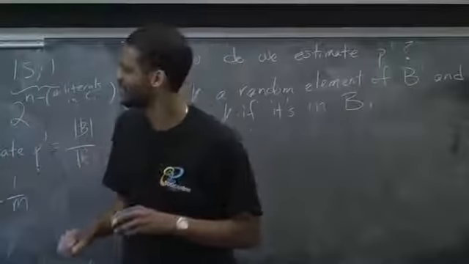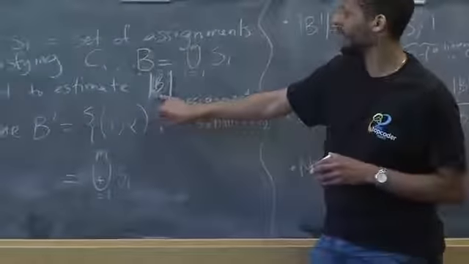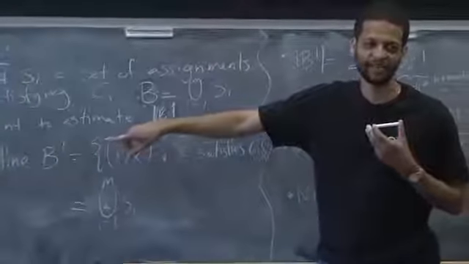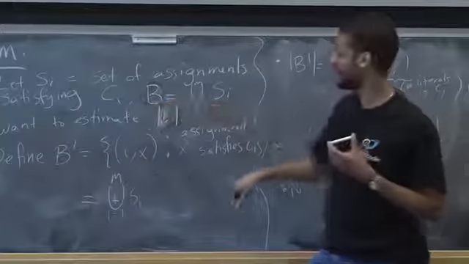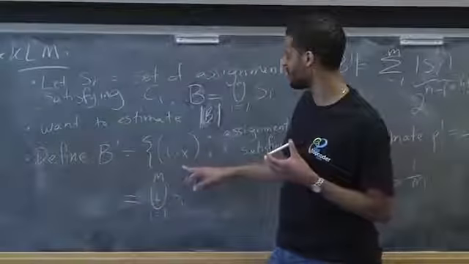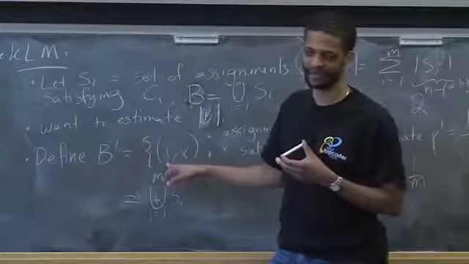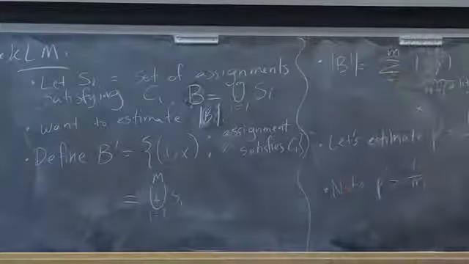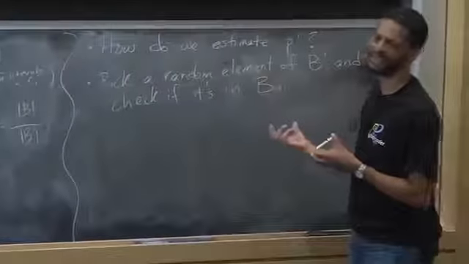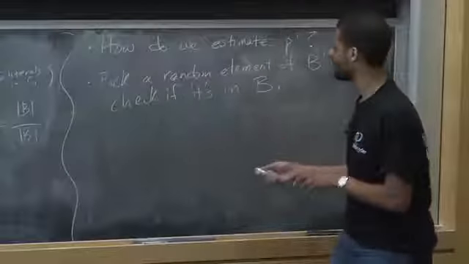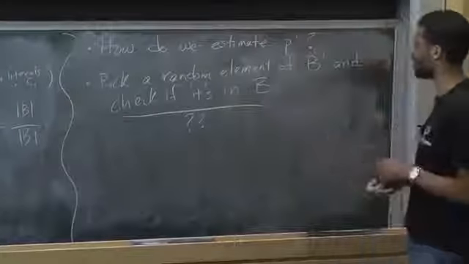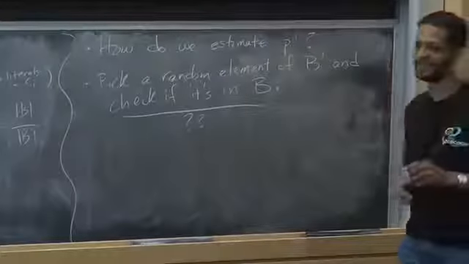An element of B is a bit string of length n, a true-false assignment. An element of B prime is a bit string of length n together with an index from 1 to m. So what do I mean when I say check if this pair is in B? How can I implement this check? We'll also talk about picking a random element.